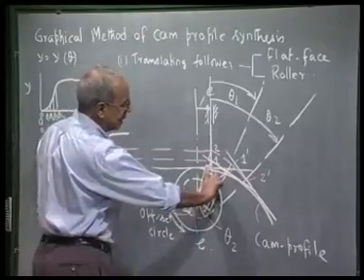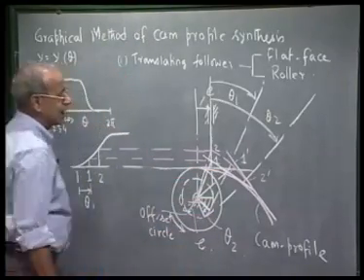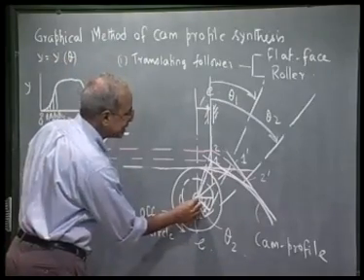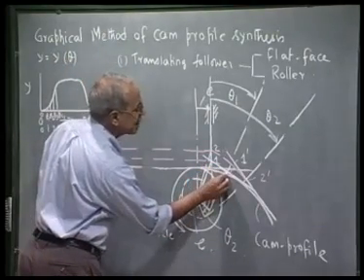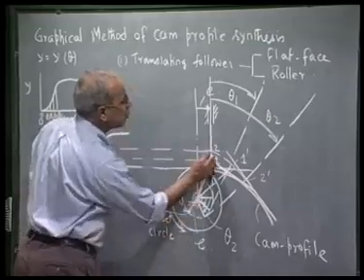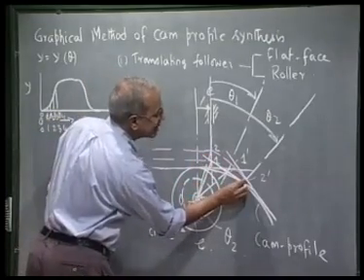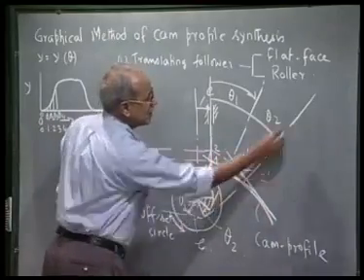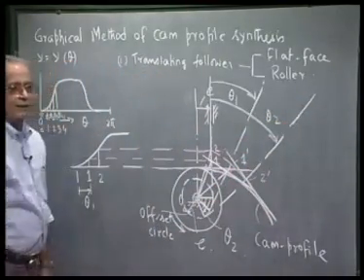So this whole right angle triangle has been rotated by an angle theta 1 in the clockwise direction. So I can just as well say O2A1 rotated by theta 1, I get this point. O2A2 rotated by theta 2, I get this point. And once I get this point, then I can draw the follower face perpendicular to the follower axis.